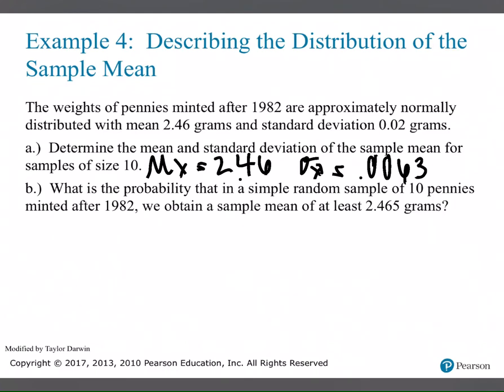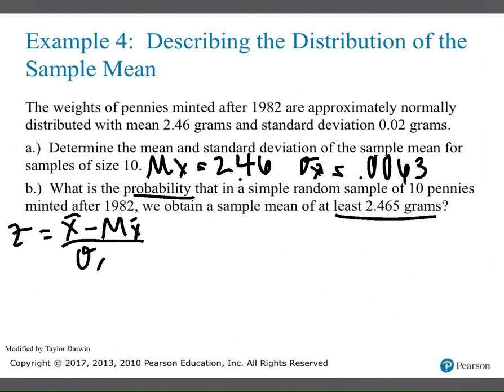B says, what is the probability that in a simple random sample of 10 pennies minted after 1982, we obtain a sample mean of at least 2.465? So we're doing a z-score with this information. Okay, remember z is equal to x bar minus mu of x divided by standard deviation.